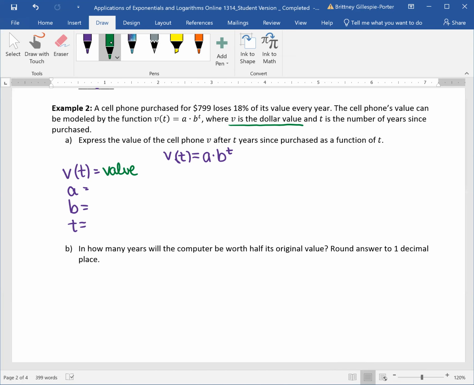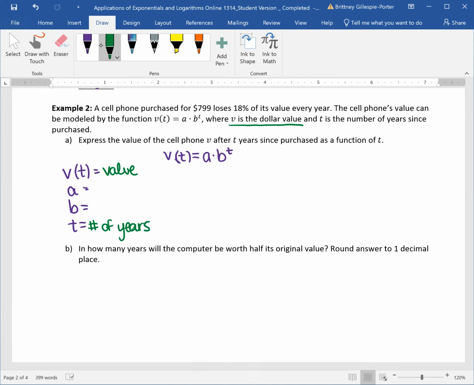The independent variable, normally x or t, and your dependent variable, f of x, f of t, or in this case, v of t. T is going to be our number of years since the purchase. So they better have told us what A and B are.